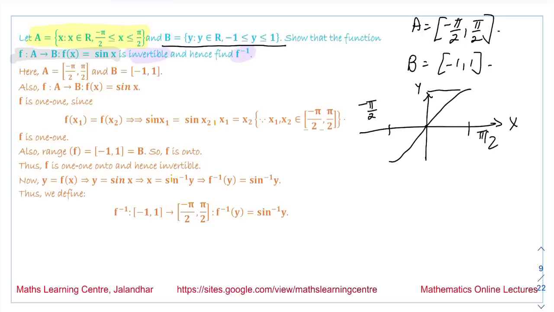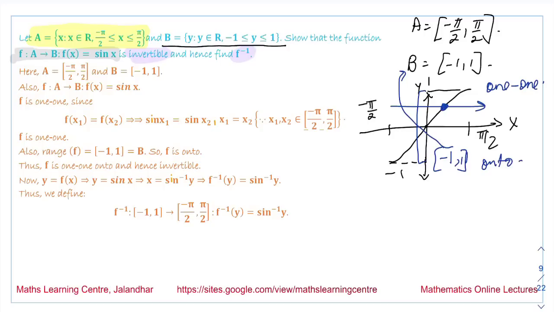The value over here is 1, the value over here is minus 1. If we draw a line parallel to the x-axis, it will intersect this graph at only one point. So this function is 1-1. Further, the range of this function is from minus 1 to 1. It is a closed interval over here, and that is equal to the codomain. So this function is also onto.